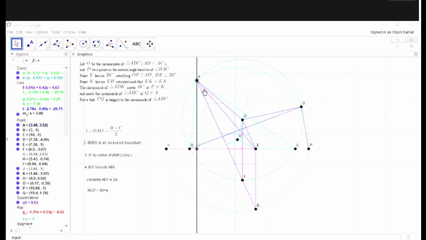And here it will be like you take 180 minus 2 alpha and divide it by 2, as AEK is an isosceles triangle, right? Not AQP, AKP. Yeah. So we took this to be 2 alpha, and so this will be 90 minus alpha and this will be 90 minus alpha. This is an isosceles triangle, right?